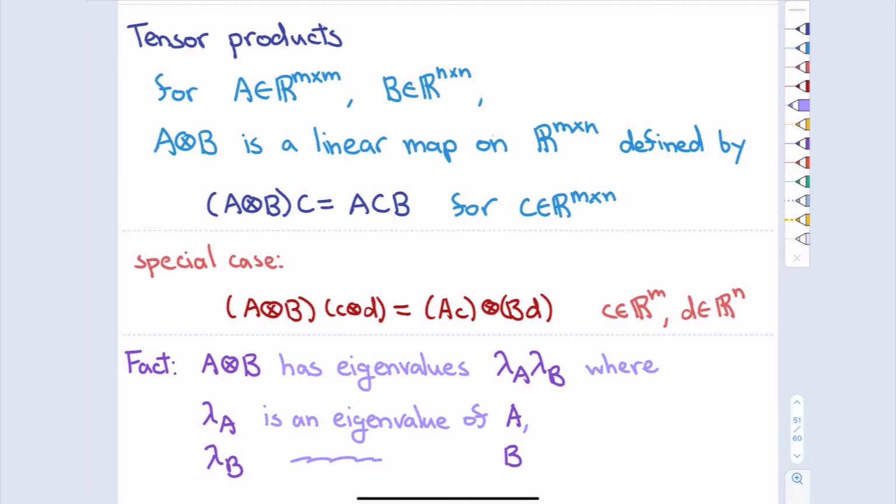If A and B are symmetric, the eigenvalues of A tensor B are going to be lambda A times lambda B, where lambda A is some eigenvalue of A and lambda B is some eigenvalue of B. That follows from here, because if C is an eigenvector of A and D is an eigenvector of B, then AC becomes lambda A C, BD becomes lambda B D. So C tensor D would be an eigenvector for this A tensor B.